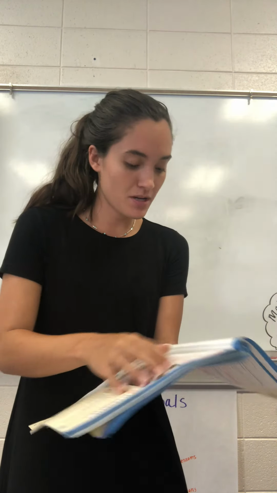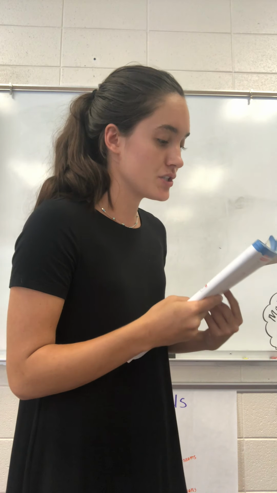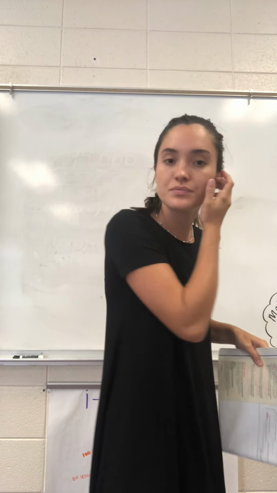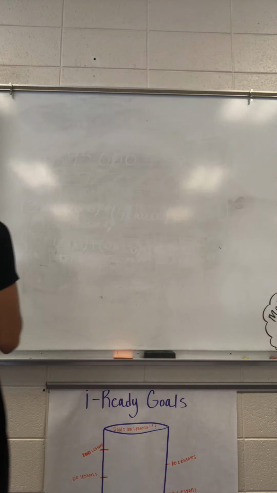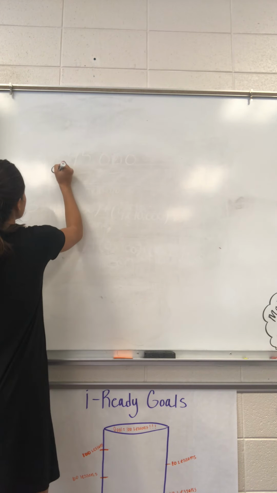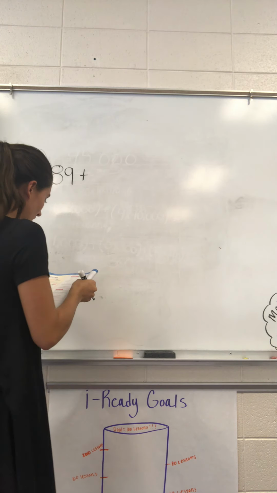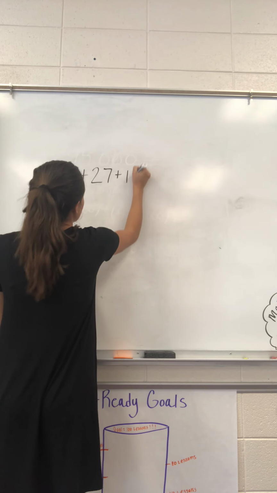So let's flip over to page 19 and just look at number 2. We've got 89 plus 27 plus 11.